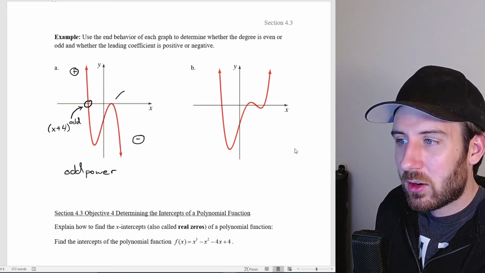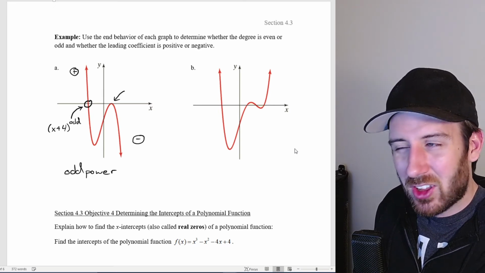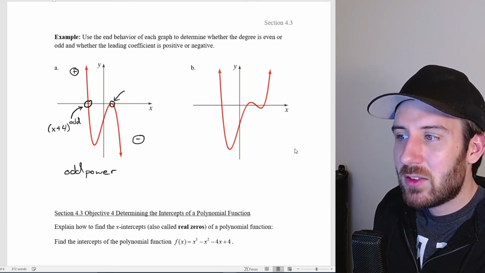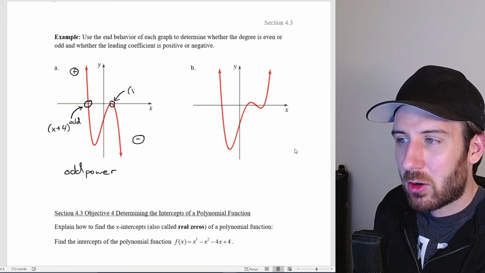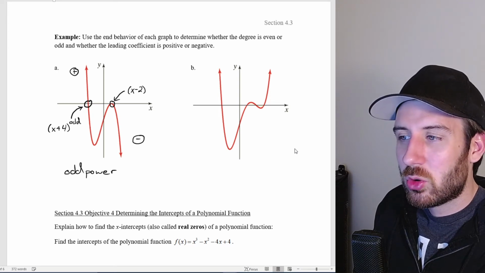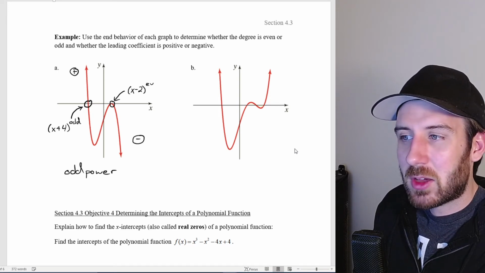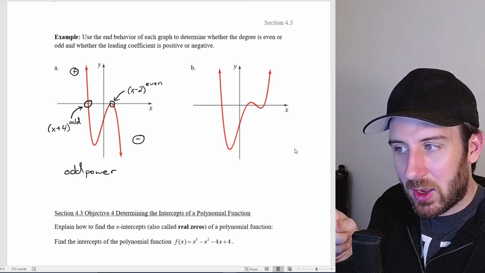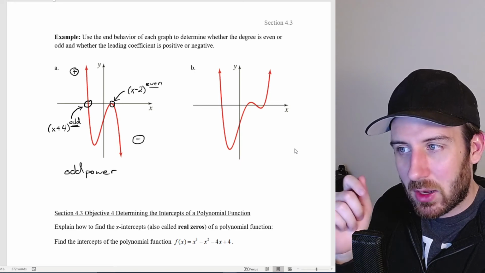Interesting. And over here, this is where something's just touching and dipping back. So this is going to be a 0 to an even exponent. Maybe this is something like x minus 2 to some even power up here. And so we could think to ourselves, okay, I've got an odd power in my exponents, and I've got an even power in my exponents.